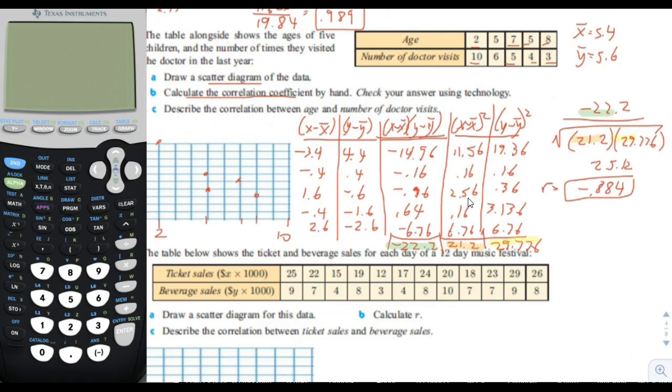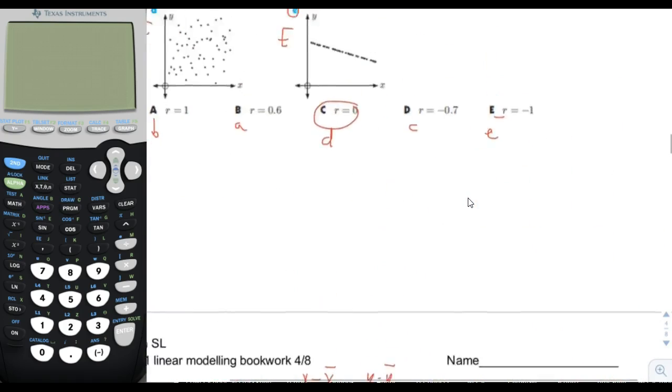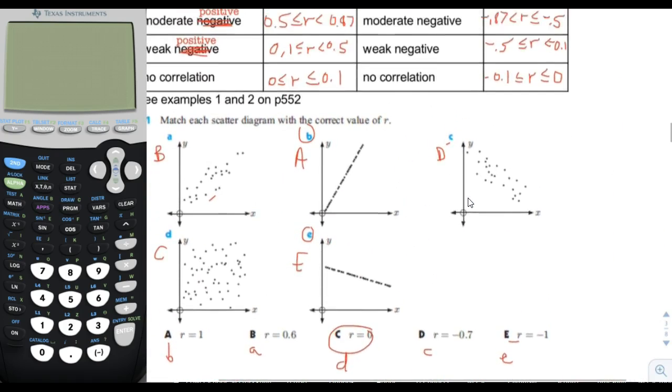Whew. Okay, and it says to check your answer using technology. I'll show you how to do that now. Okay, describe the correlation between age and number of doctor's visits. It is negative, linear, and is it strong? I don't remember. Let's go back and look at yesterday or the previous page.